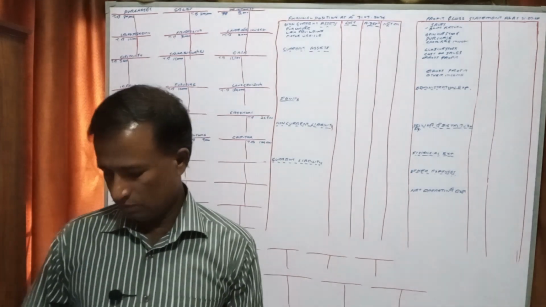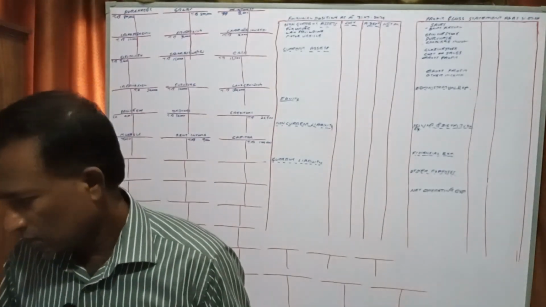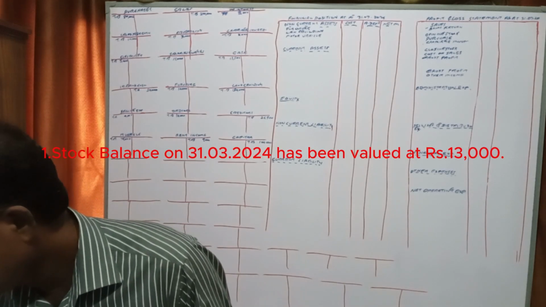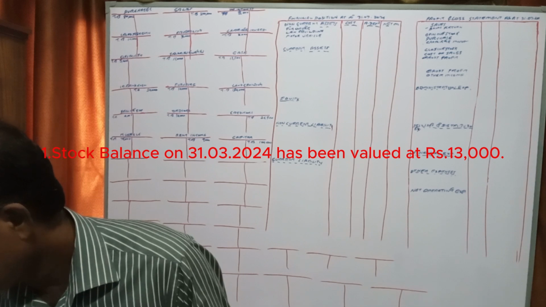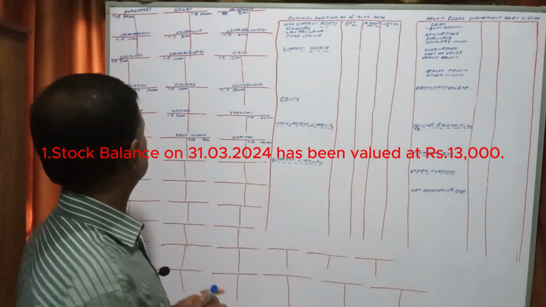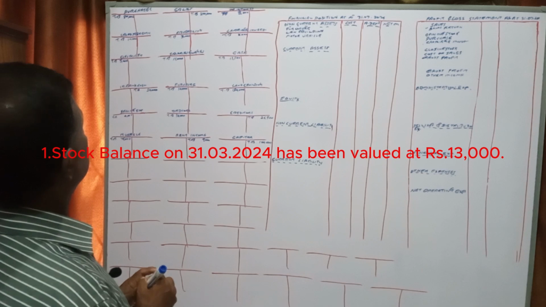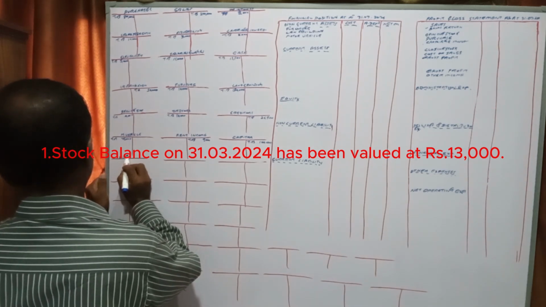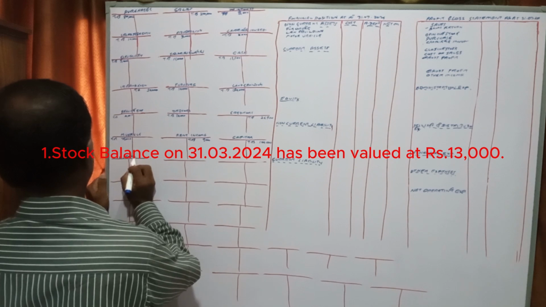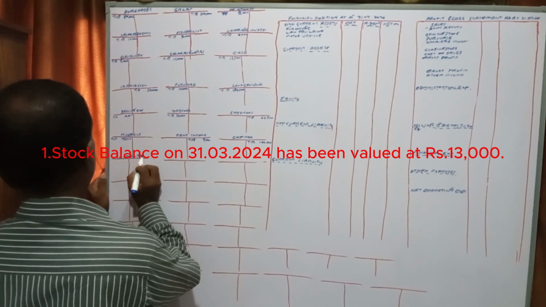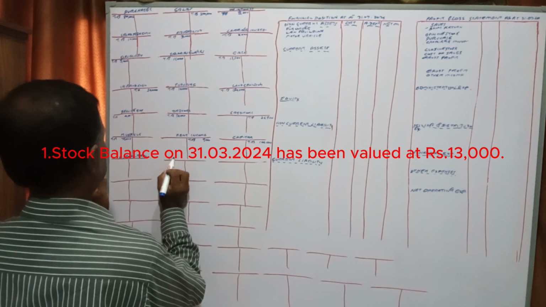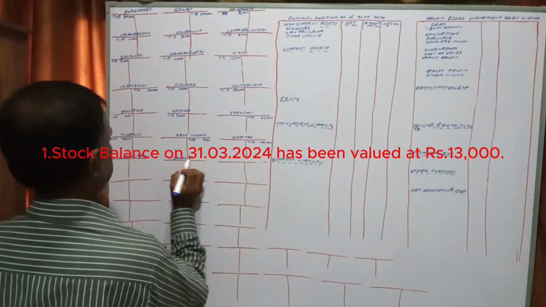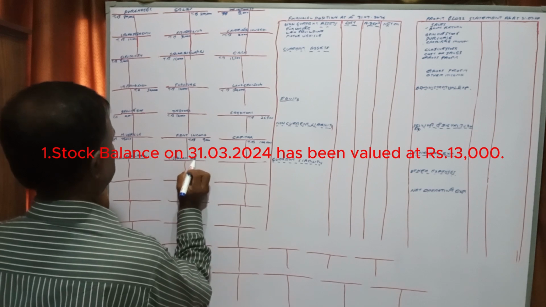In the additional information, they say the stock balance as at 31st March 2024 has been valued at 13,000. That means closing stock. Closing stock goes to the trading account, and closing stock to the balance sheet.